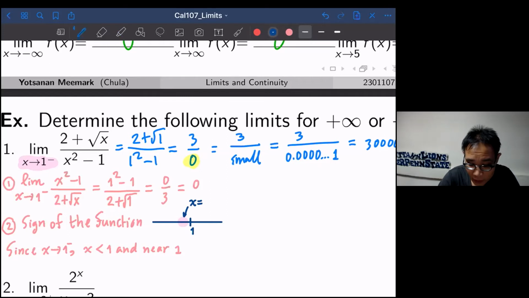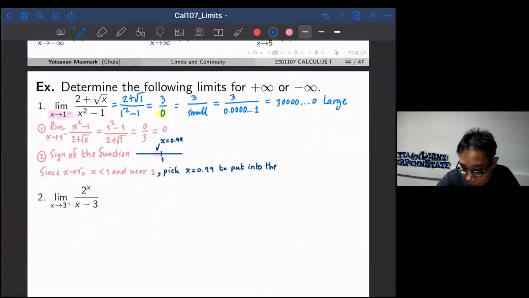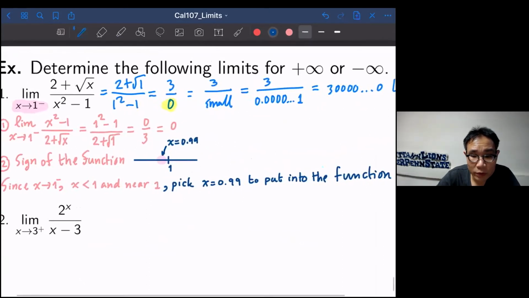So it's going to be x equal to maybe 0.99. After you pick x equal to 0.99, you put it into the function.